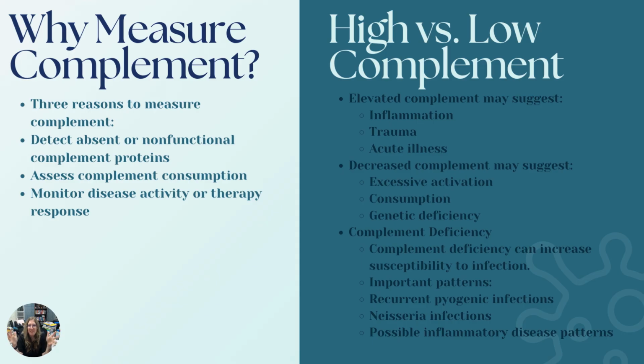So complement deficiency becomes particularly important when we see recurrent infections. One association I want you to remember is recurrent Neisseria infections. If a patient repeatedly develops unusual or severe Neisseria infections, complement deficiency should at least enter the differential.